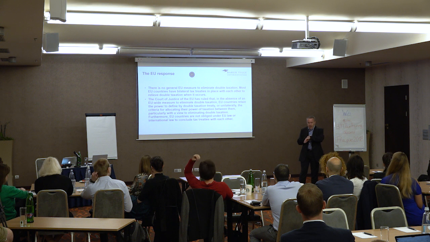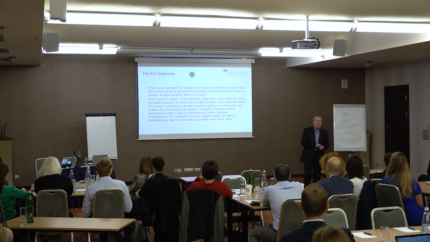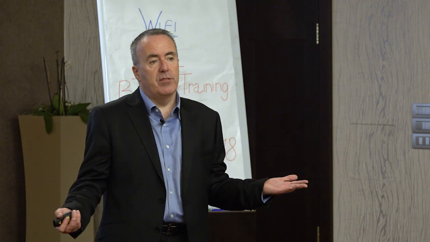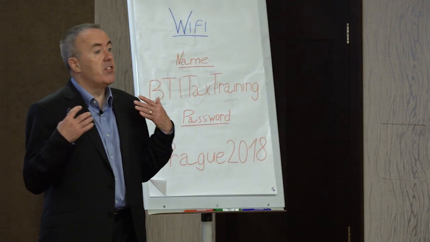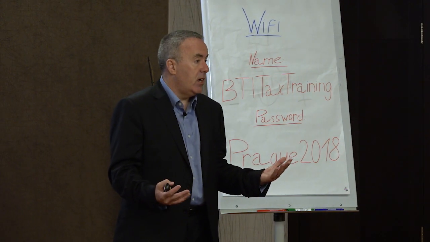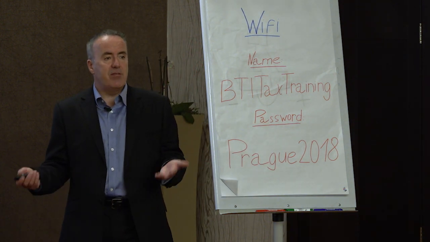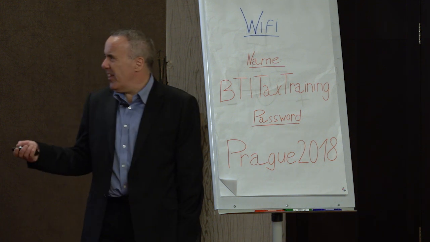There isn't an EU model treaty per se, and the EU hasn't really responded to this by saying, right, we want to do our own thing in pushing forward bilateral agreements. There's no directive from the EU telling people that they have to have double tax treaties. It's left down to member states.